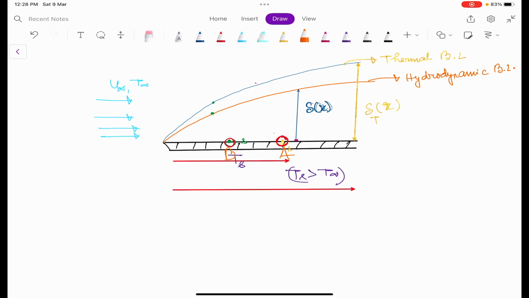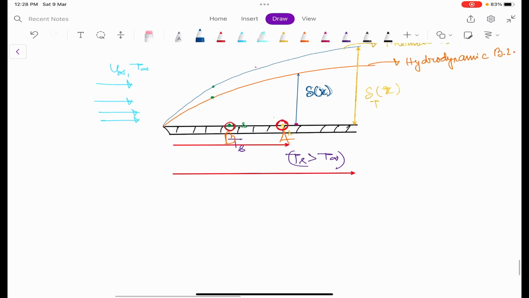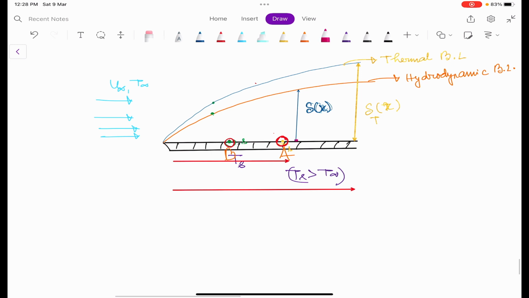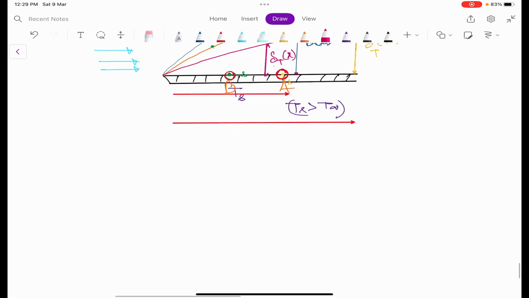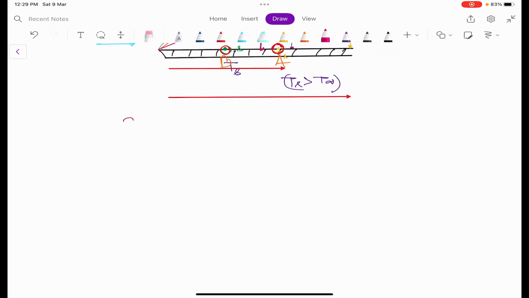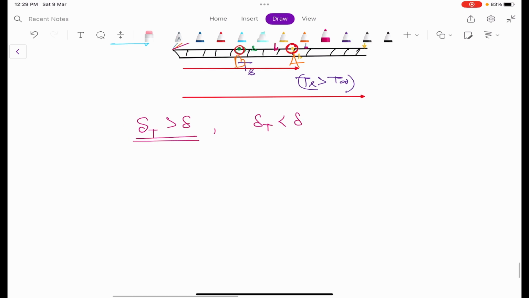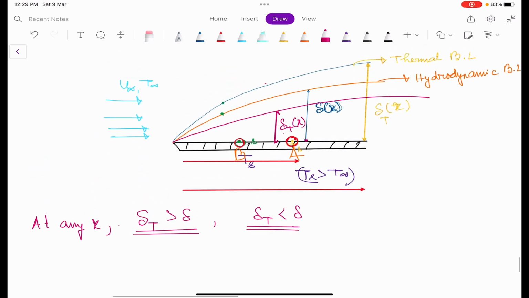We can have a second case where we have this as our delta T. So we can have both cases, that delta T is greater than delta and delta T is less than delta at any x. We can have both of these cases.